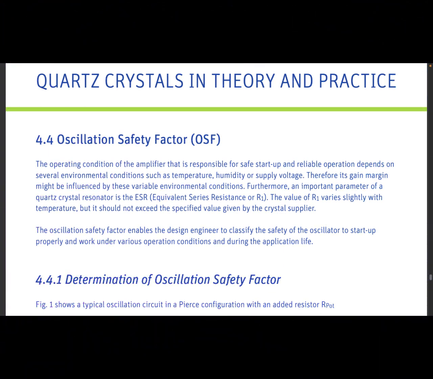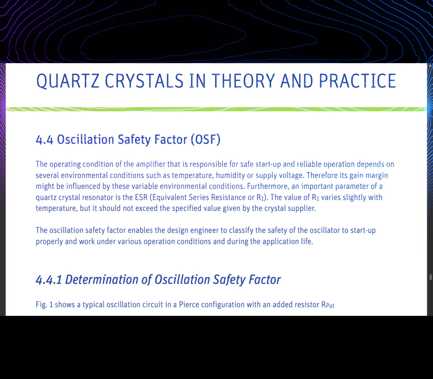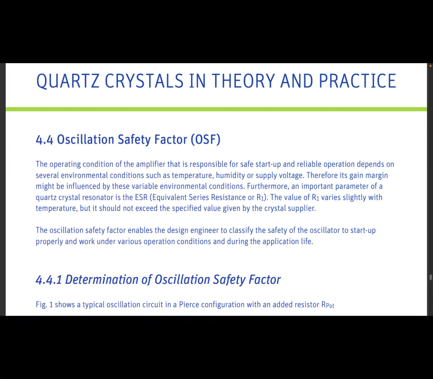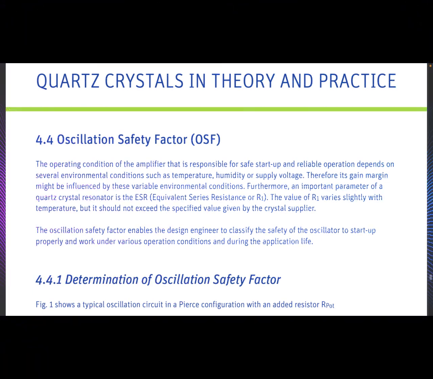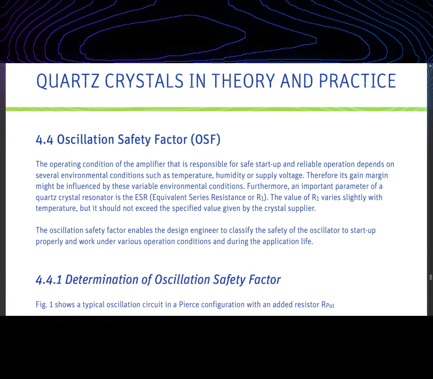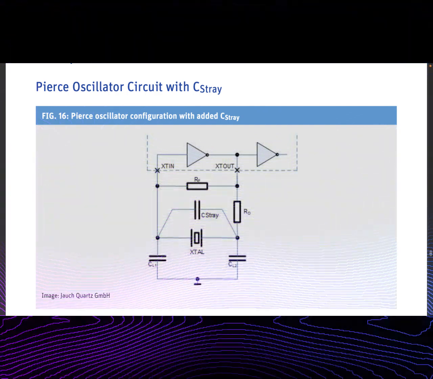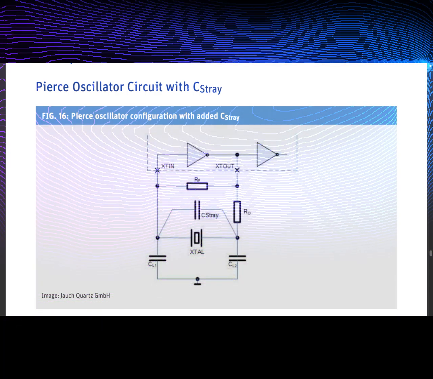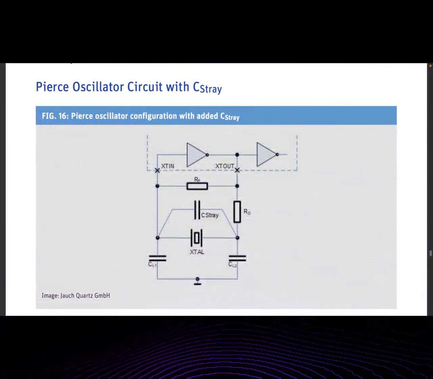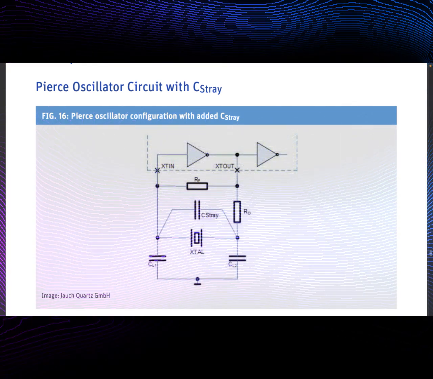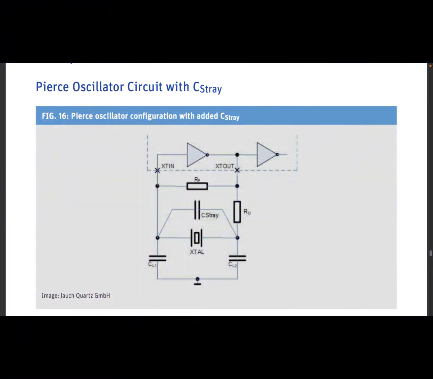Another important resonant mode is the flexure resonant mode. It is used in the so-called tuning fork crystals. There are other resonant modes like the length extensional mode or the Lamé mode that might be used for specialized timing and sensor applications.